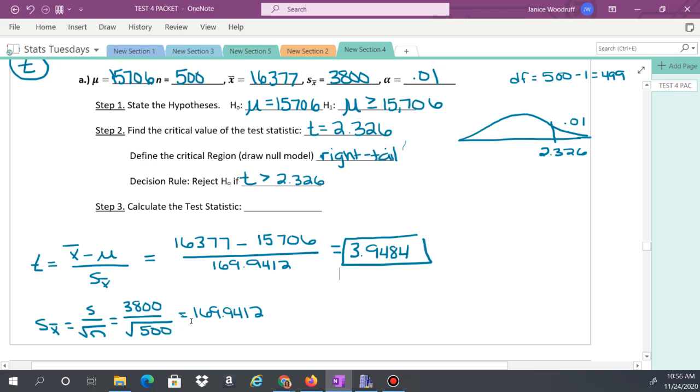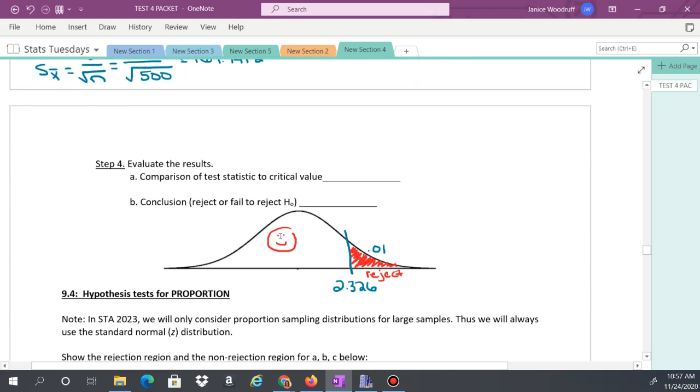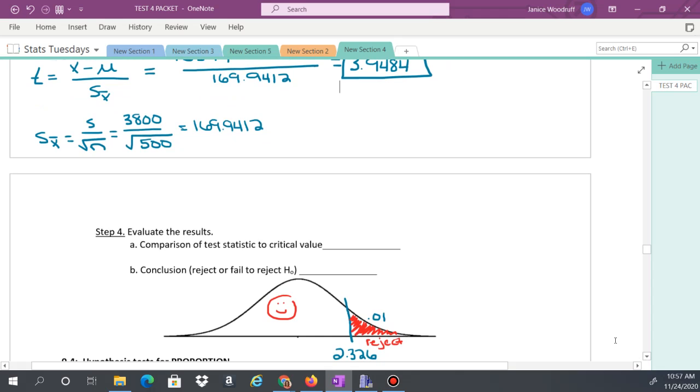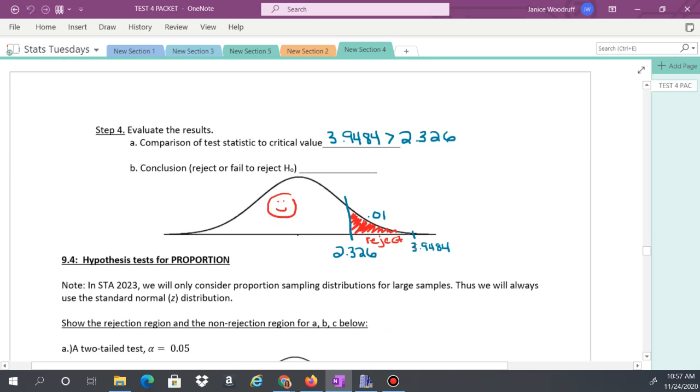So let's go ahead and put that on the graph. See this? There we go. Okay, so 3.9484 is greater than 2.326. I'll put that over here, which means we will reject the null.